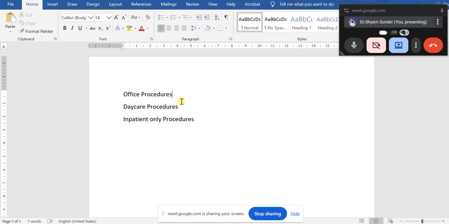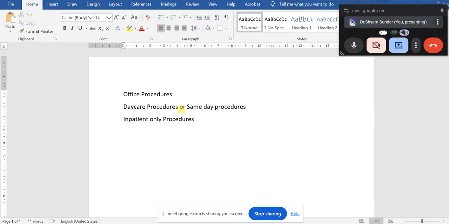Then we have the daycare or same day procedures. What do you mean by same day procedures? The patient is admitted in the morning, maybe at 6 or 7 a.m., and the procedure is done usually under anesthesia or sedation, and the patient leaves the hospital on the same day.